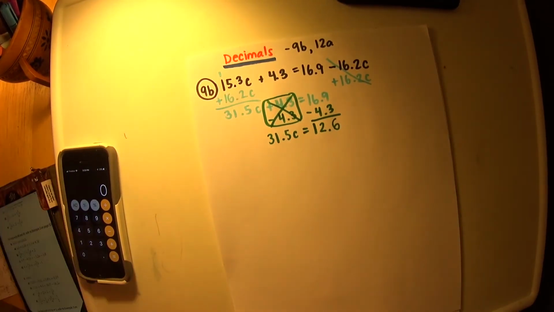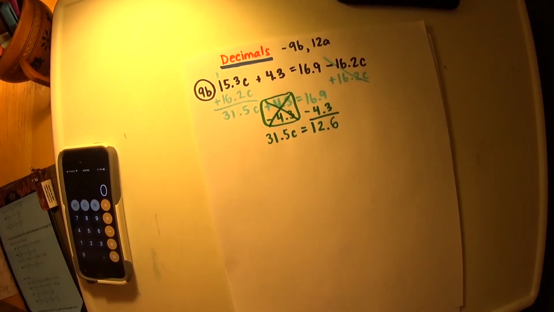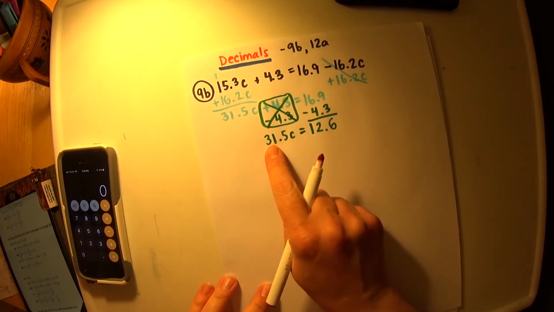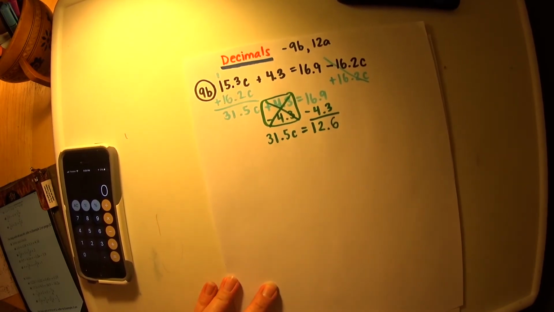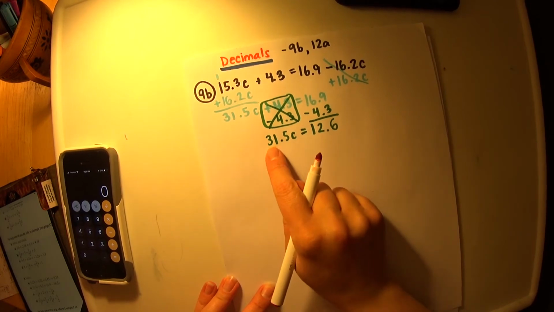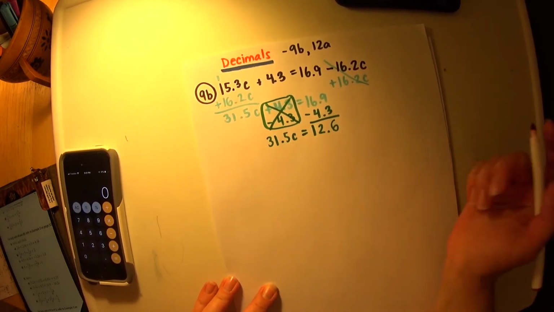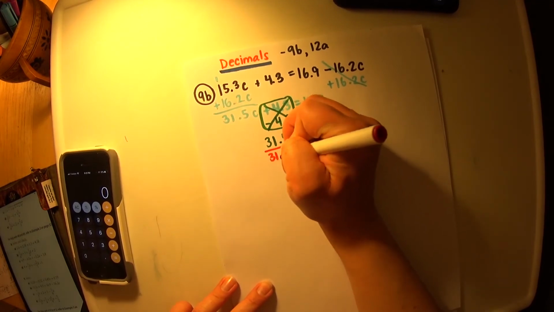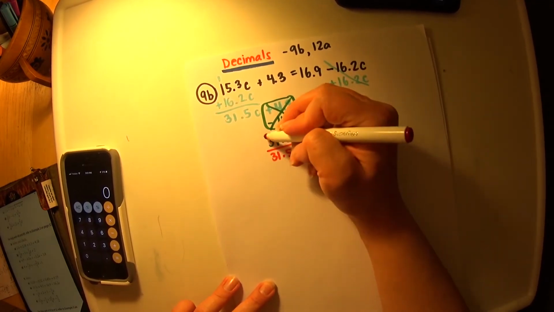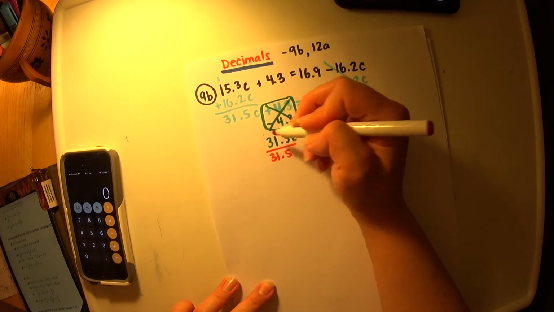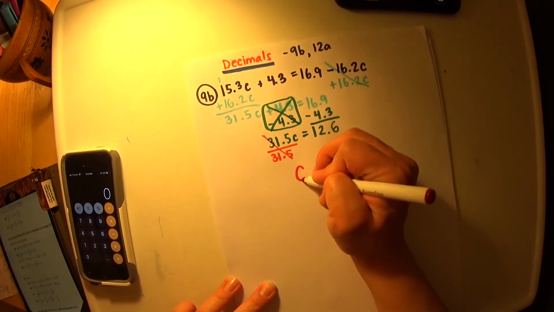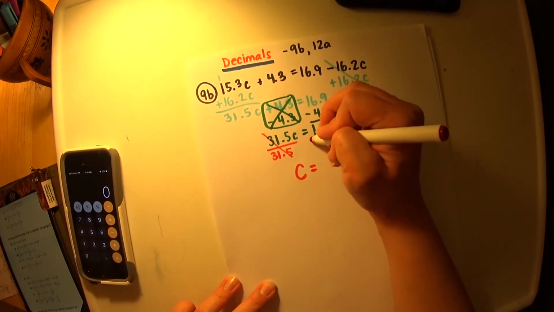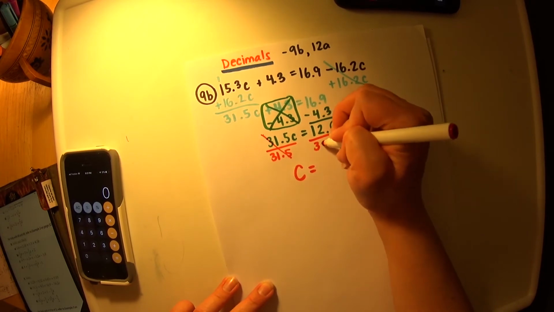Okay, last step to getting c alone, getting a single c, is to cancel out this numerical coefficient, so it goes to 1. So opposite of multiplying c by 31.5 would be to divide it by 31.5. 31.5 divided by 31.5 gives me just 1c. That's what I want. But then I must do the same thing to the other side.